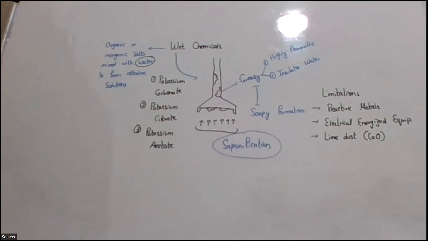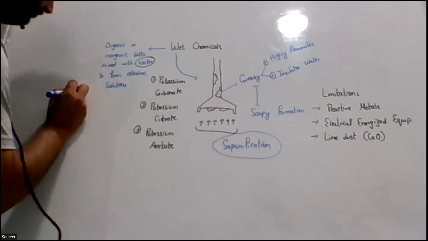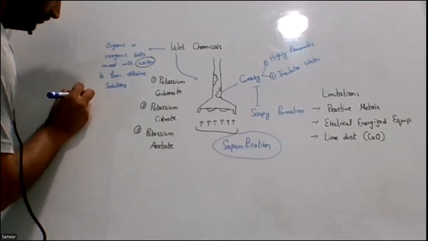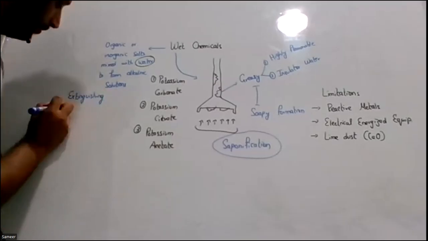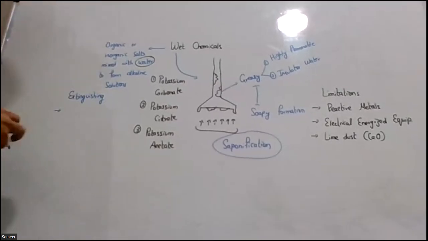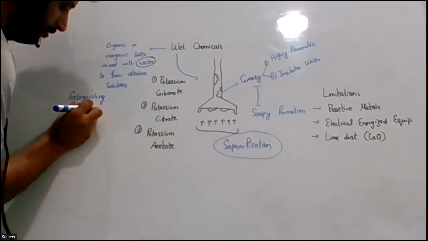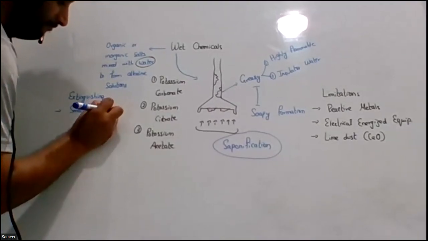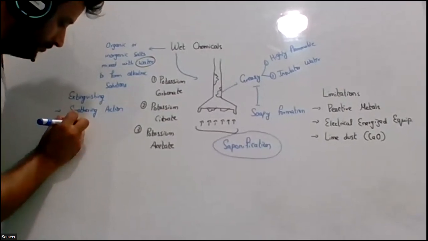So what are the extinguishing properties? Because water is there, it will have the extinguishing properties that water has. The first property is smothering action. The second one is cooling action.